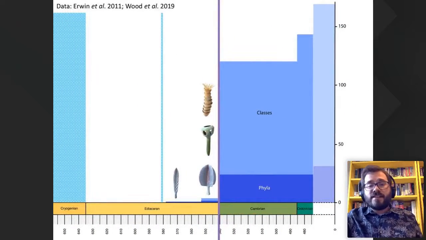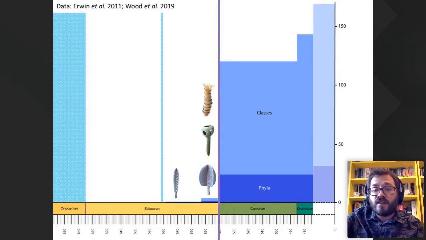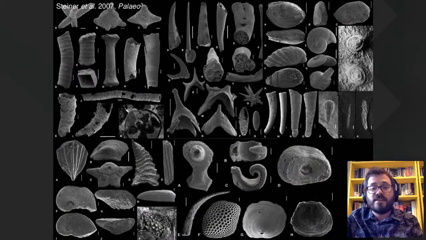So returning then to this diagram, as we step over the boundary, we see this huge explosion in the numbers of classes and phyla of animals. And most of the first record for this explosion is in the fossils of skeletons themselves. So here is a snapshot of some of the diversity of these creatures.